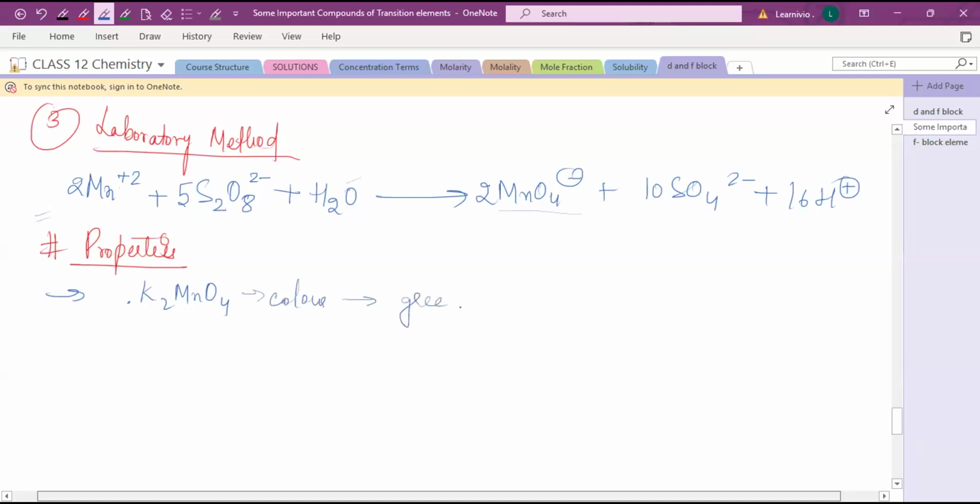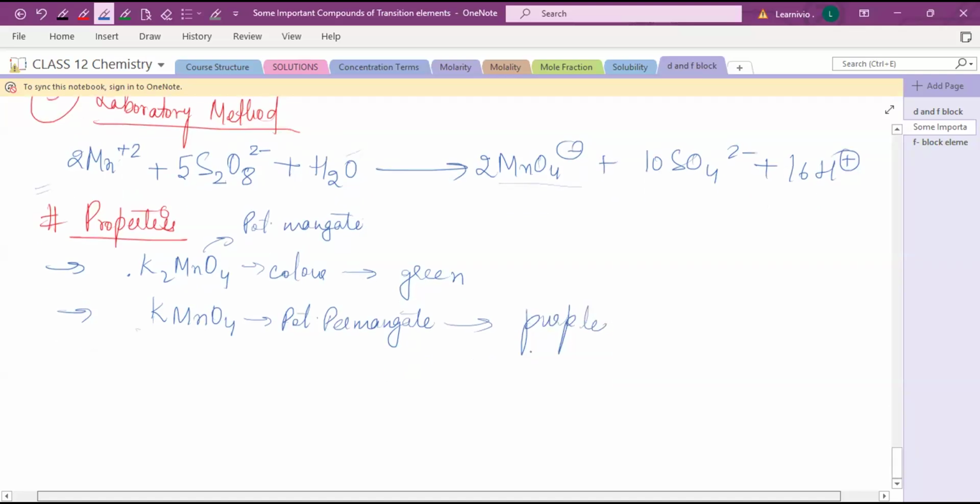So green in color. And KMnO4 is potassium permanganate. So what's the color of potassium permanganate? It's dark purple. बहुत ही intense color होता है इसका, dark purple. So the color of potassium manganate is green, but potassium permanganate is purple in color.